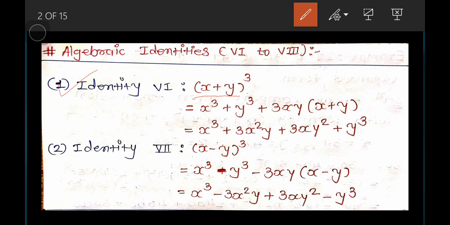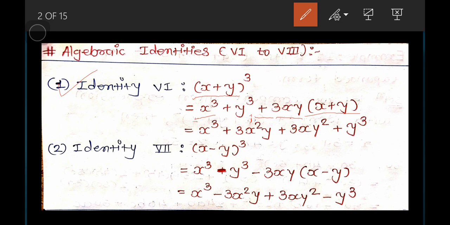We can expand this as x cube, second term y cube, plus 3xy into (x plus y). So we can expand identity number 6: (x plus y) all cube is equal to x cube plus y cube plus 3xy into (x plus y).